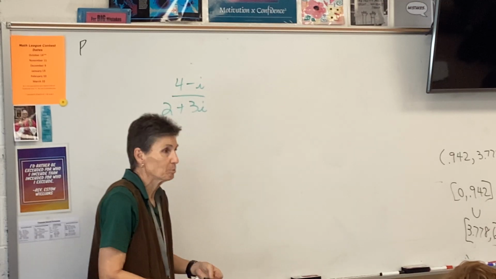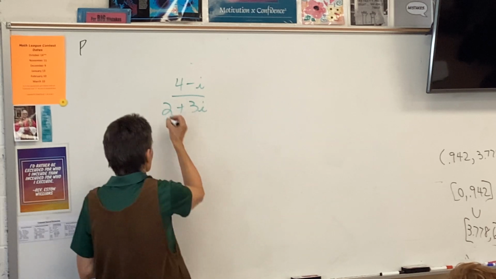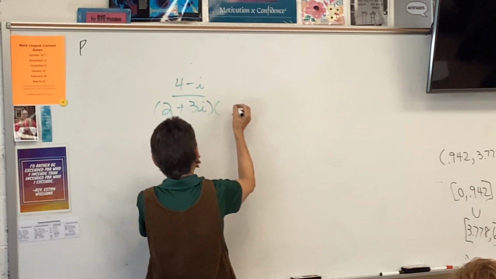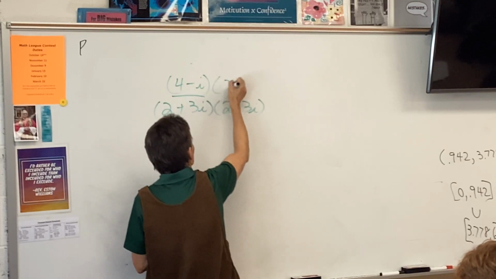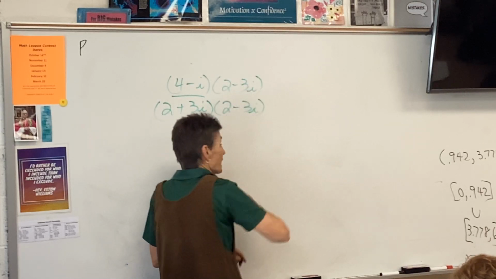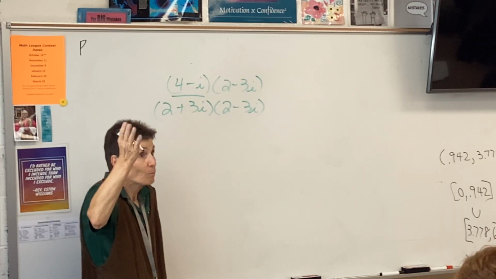How do we simplify this? Multiply the top and the bottom by what, Mike? Which is called the conjugate. Okay, everybody with me? And then we just start FOILing.